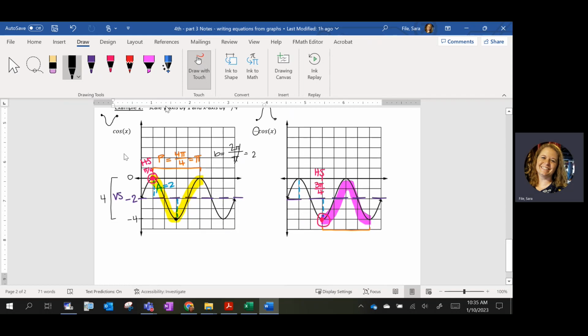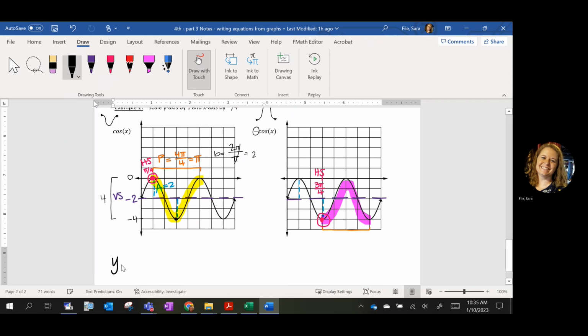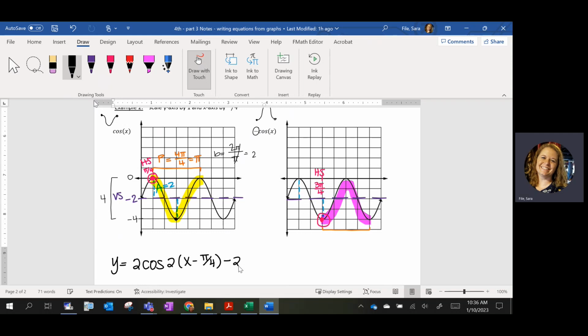So when I write my equation, this one is positive cosine, so I don't need a plus, but my amplitude is 2. This is cosine this time. We said the b is 2. The horizontal shift is pi fourths. And the vertical shift is down 2, so that's minus 2.